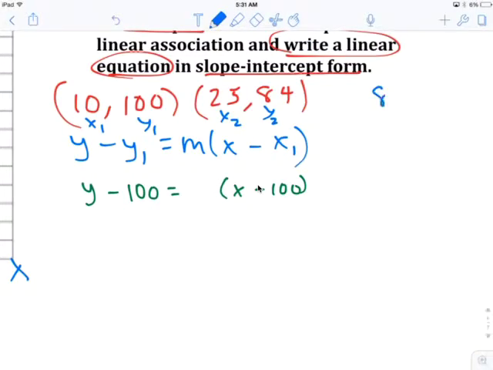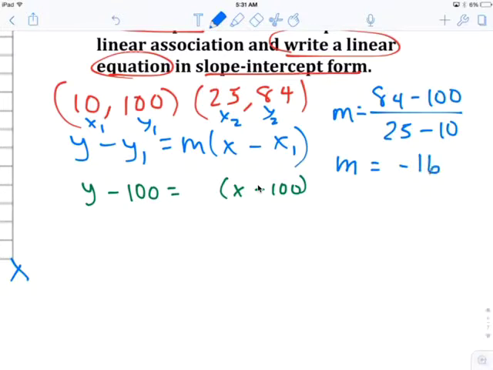y2, 84, minus y1, which is 100, finding the rate of change, over x2, which is 25, minus x1, which is 100. And then it's negative 16 over 15, which cannot be reduced anymore.